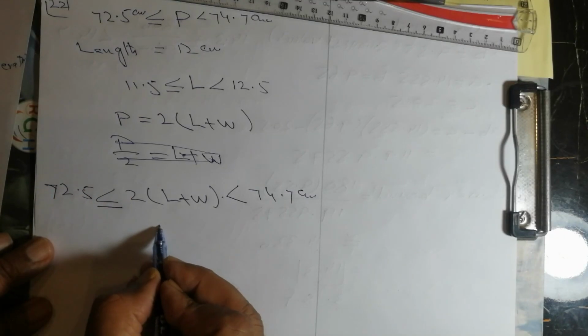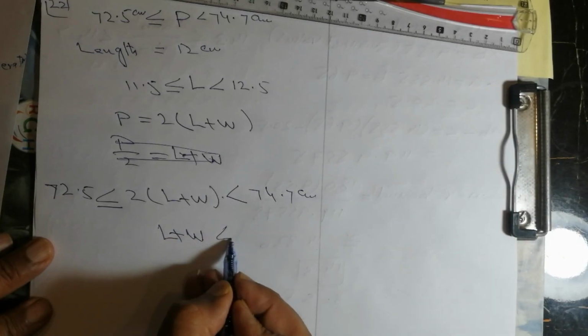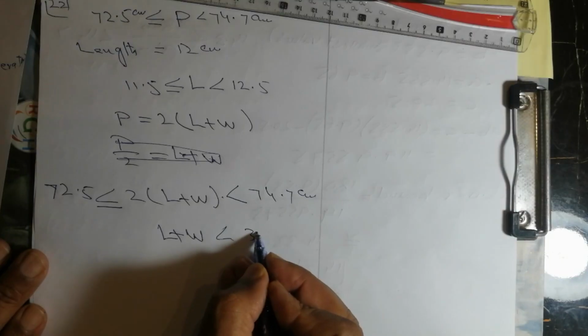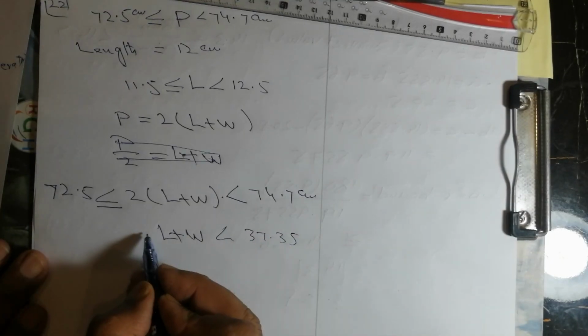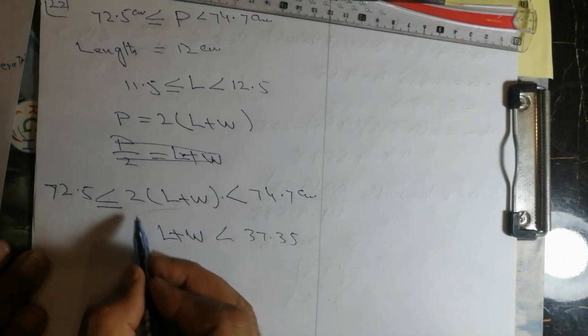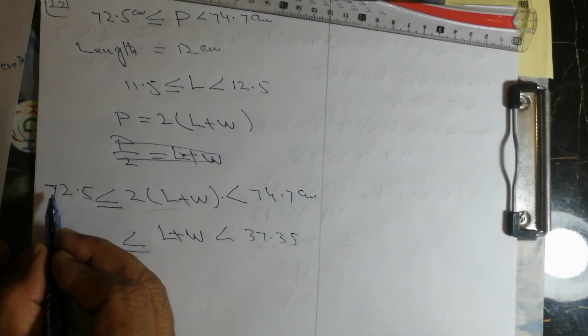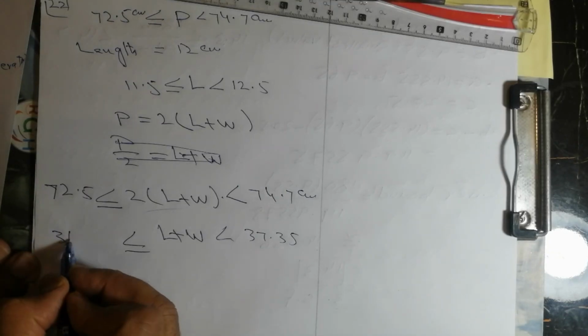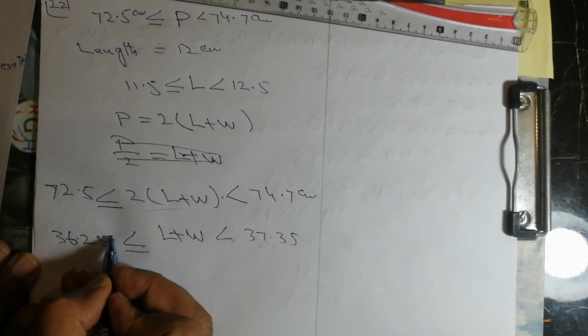So L plus W is less than 74.7 divided by 2, which is equal to 37.35, where the 2 is cancelled, and we divide the other side also by 2: 72.5 divided by 2 is 36.25.